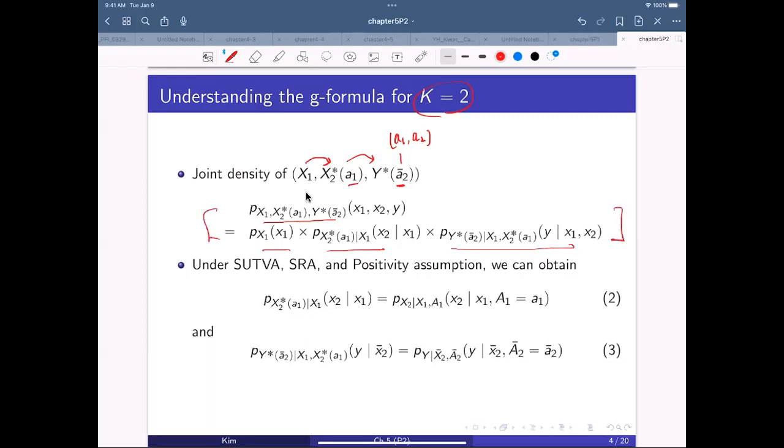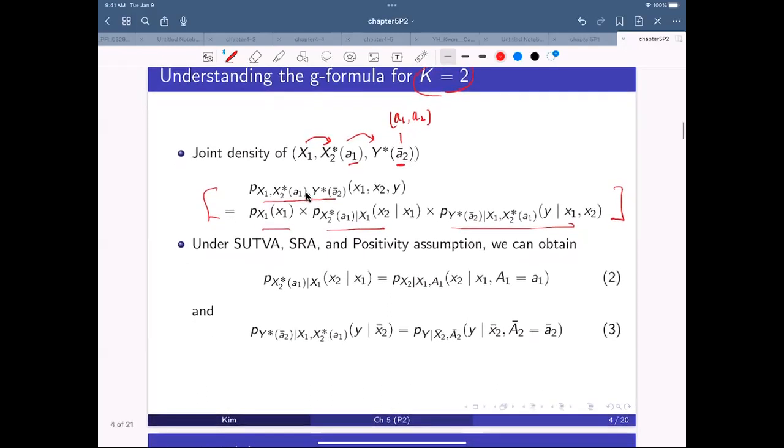But the interesting result is that this can be equivalently written as the conditional distribution. So the left side is the potential outcome distribution, while the right side is the observed data, your observed conditional distribution. So if this is correct, then that's good, right? And also another one, same story.